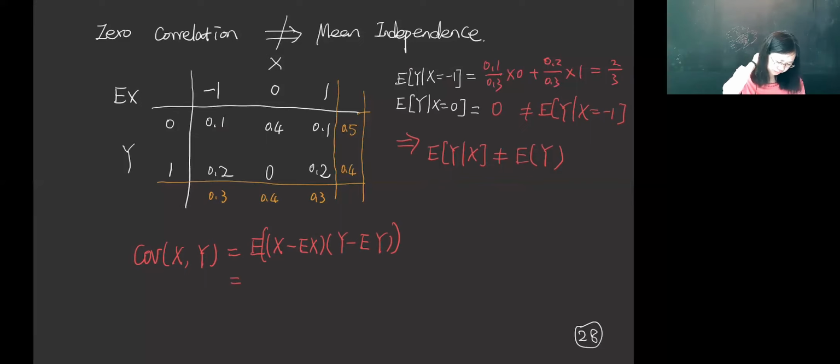Now, first, E of x is 0.3 times -1 plus 0.3 times 1, so that's 0. E of y is 0.5 times 0 plus 0.4 times 1, so that is 0.4. So that equals E of x times y minus 0.4.